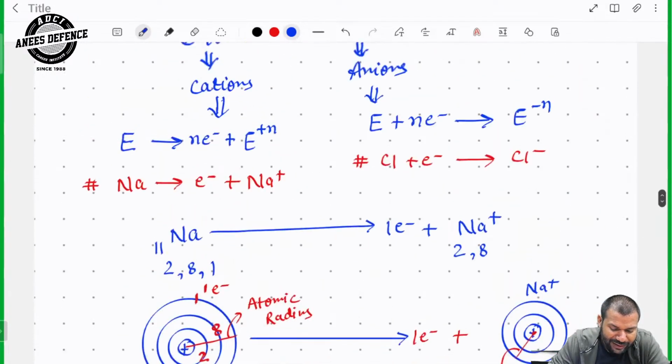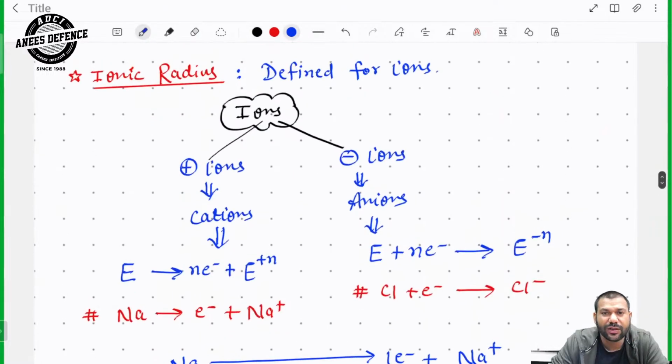So if we want to define ionic radius, how will we define ionic radius for ions?